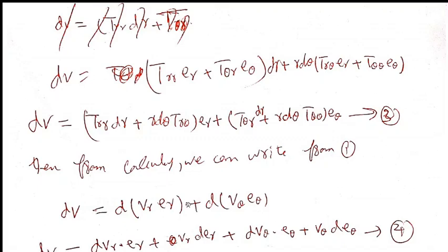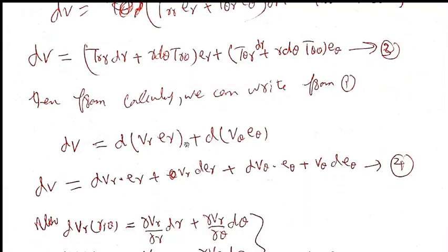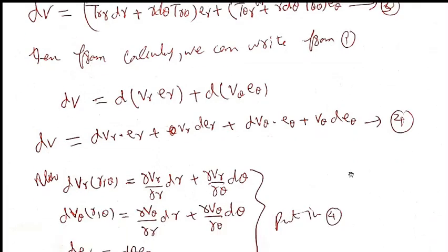We know that v is given in equation 1, then we will take the differential dv equals d(Vr) Er plus d(V theta) E theta, as differential is linear, so we can write this. Now we will open the differential: d(Vr) Er as it is, plus Vr d(Er), plus d(V theta) E theta as it is, plus V theta d(E theta).